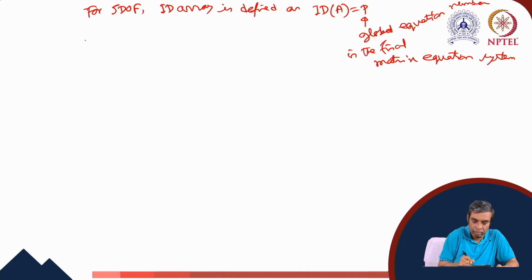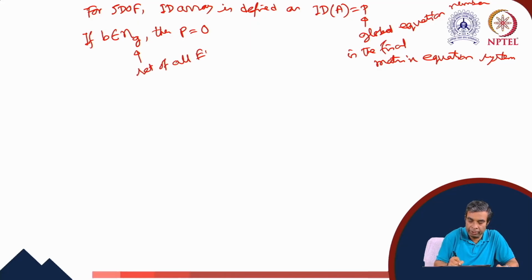If B belongs to eta G, then P equals 0. So eta G is the set of all EBC nodes and B is a set of boundary nodes.